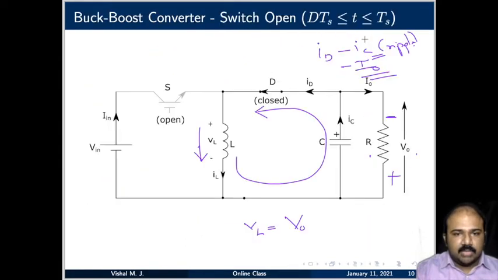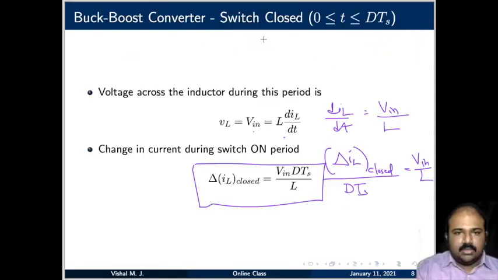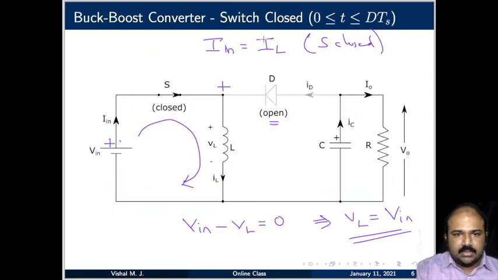And what happens to the same input current when the switch is open? See, there is no path for the current to flow as the switch is open. So, the input current is 0 when the switch is open. Let us go back and see. Input current is equal to IL and it is also equal to 0 when S is open.